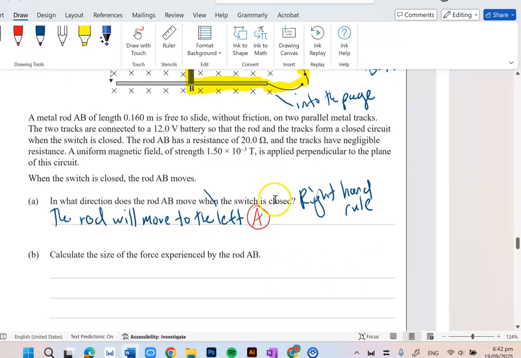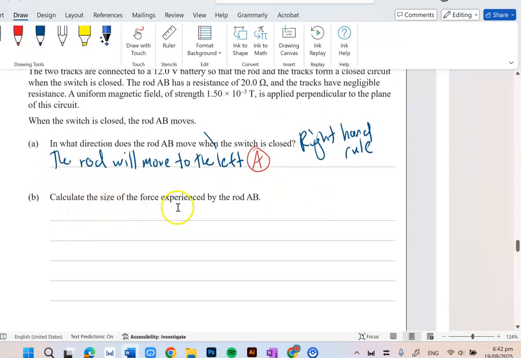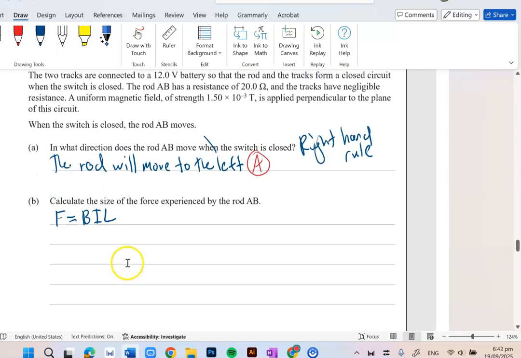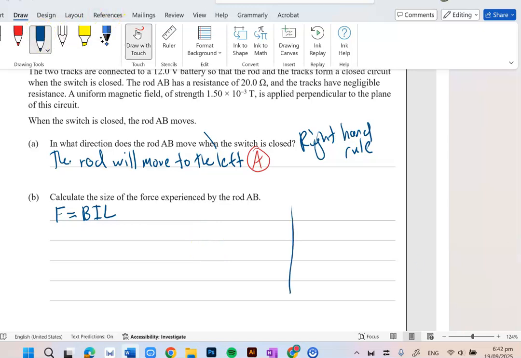Okay, next question. Calculate the size of the force experienced by the rod AB. Our force formula is F equals BIL. I don't know why there's all these random marks. B is our magnetic strength, which is 1.5 times 10 to the negative 3.